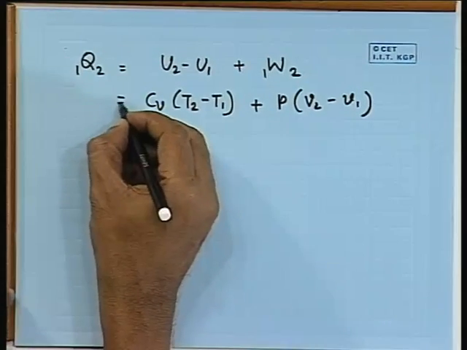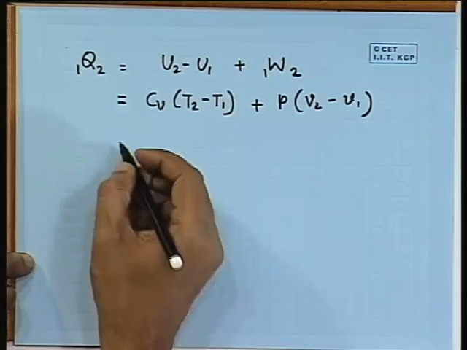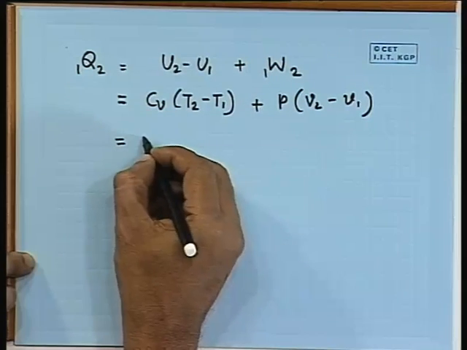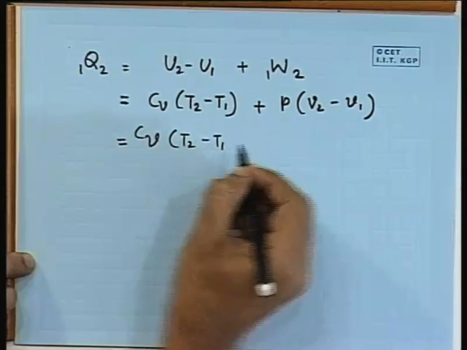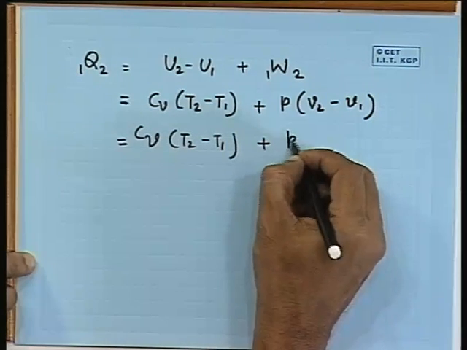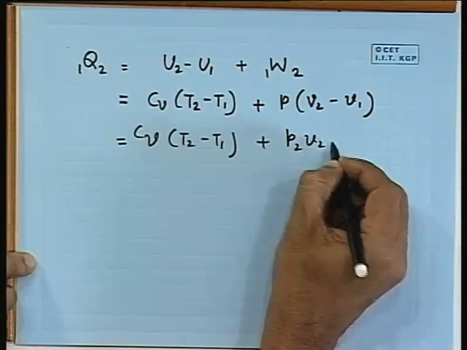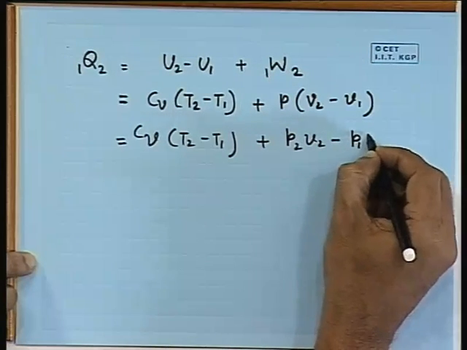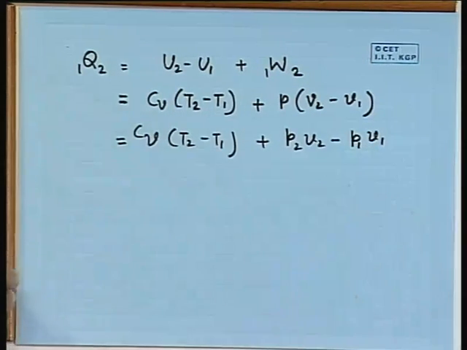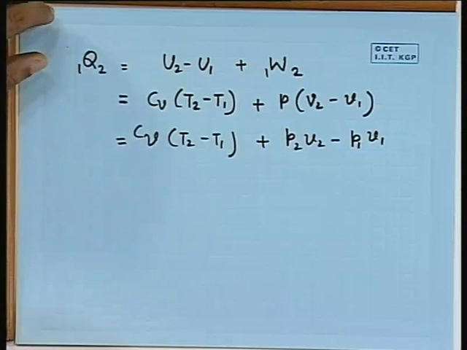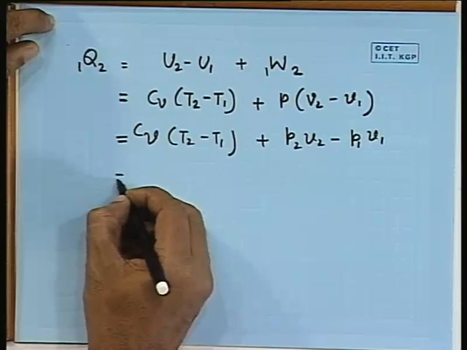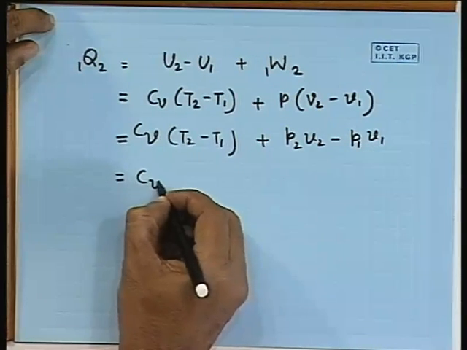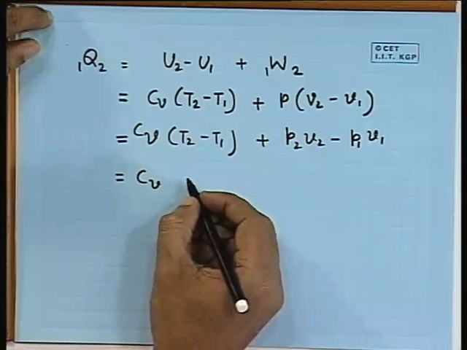Then one can write it like this, sorry, Cv (T2 minus T1) plus P2 V2 minus P1 V1. Then one can express it like this.